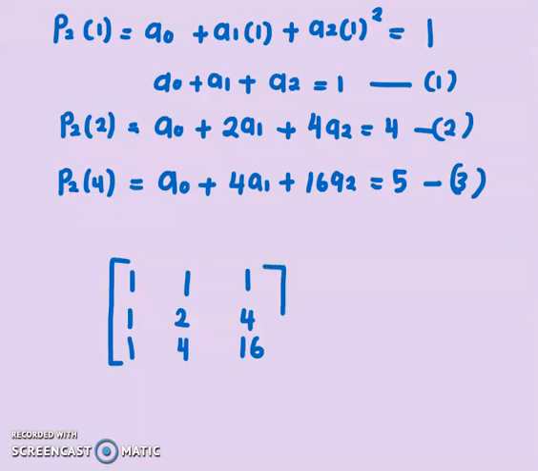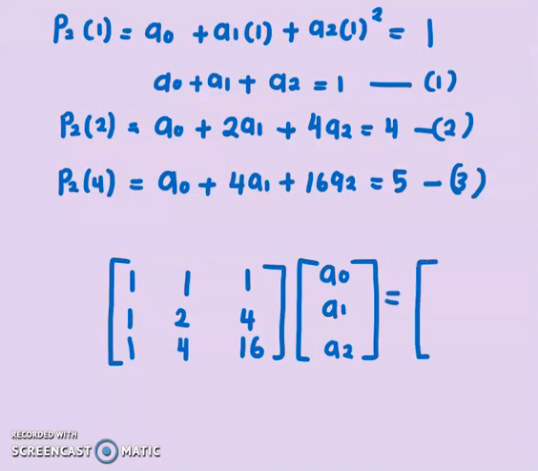This is the matrix of coefficients for a0, a1, a2, which equals 1, 4, 5. So it's not that difficult.